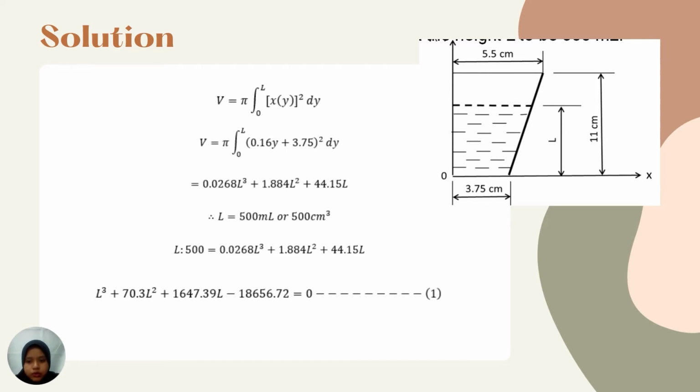Since the volume of the measuring cup with the content level L is 500 milliliters, or 500 cm cubed, we will have the following equation for the unknown quantity L: 500 equals 0.0268 L to the power of 3 plus 1.884 L to the power of 2 plus 44.15 L.